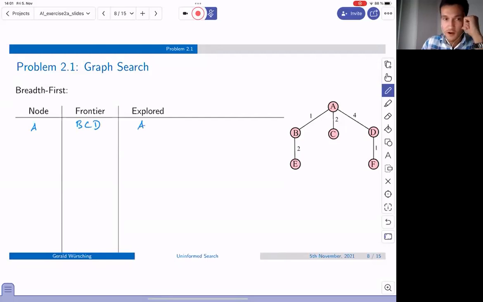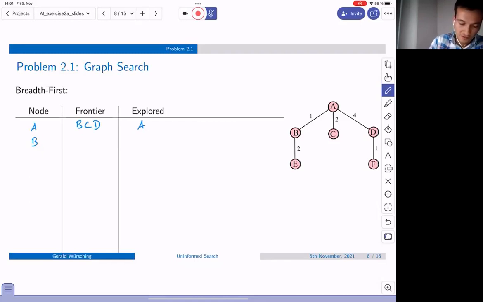Okay. All right, then which node are we going to select next? Let's just do the first step together. Next node is B, exactly. Why? Because we use a first in, first out queue. And in this case, it's basically a tie between these three nodes, so we're going to use the one that's alphabetically first. So our frontier is going to look like the following.